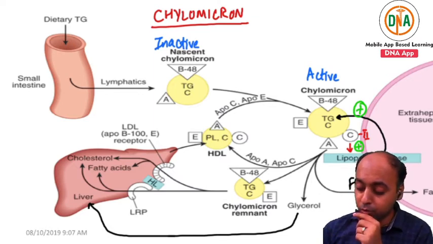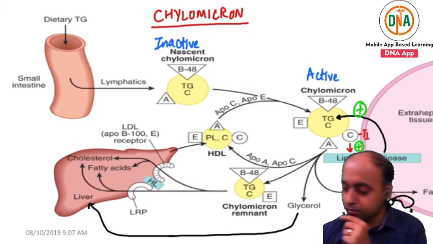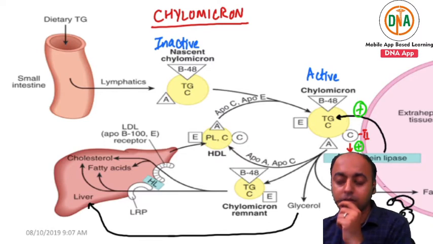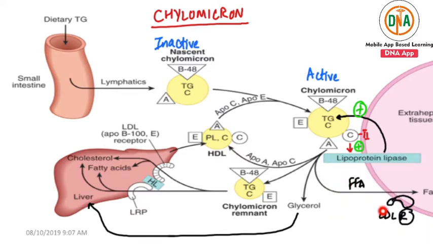Now one very important point which I want to highlight here. The LDL receptor is present on the extrahepatic tissue also. Please note, the LDL receptor is present on extrahepatic tissue also, but this LDL receptor is not able to take up the chylomicron remnant.